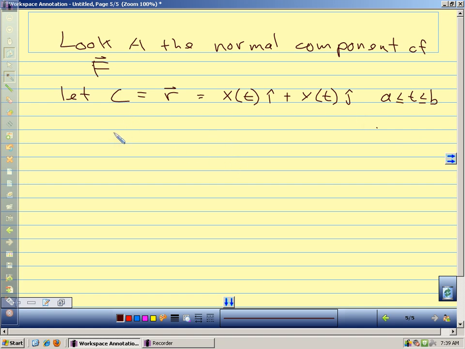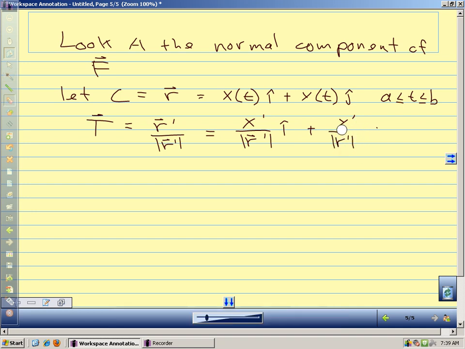Our unit tangent vector, if we remember back to the beginning of the unit, is r prime over the length of r prime, which is x prime over the length of r prime i plus y prime over the length of r prime j. So this is our unit tangent vector.